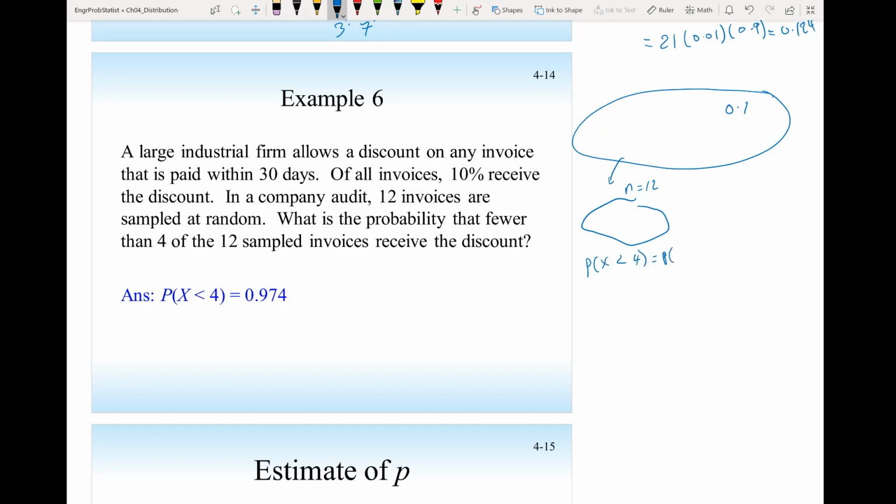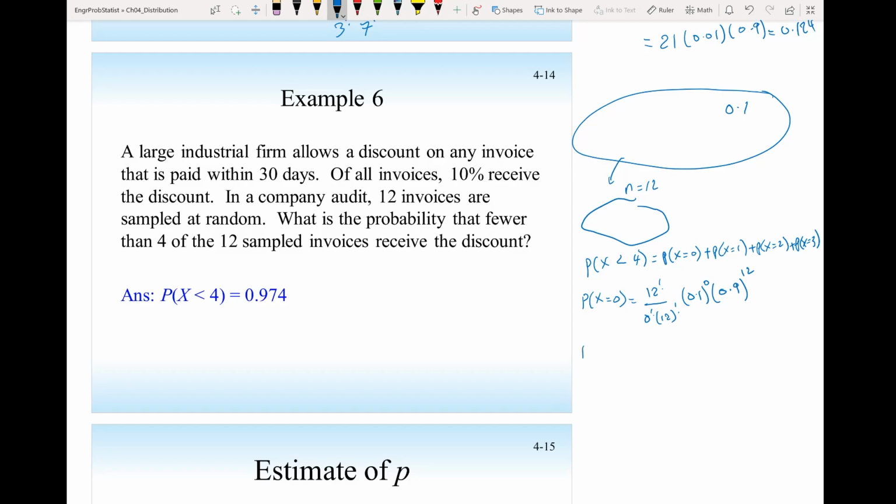This is the probability x equals 0 plus probability x equal 1 plus probability x equal 2 plus probability x equal 3. And if I calculate probability x equals 0, that will be n factorial divided by 0 factorial, 12 minus 0, that's 12 factorial, probability of discount 0.1 to the power 0, received, probability of no discount 0.9, and 12 invoices received no discount.